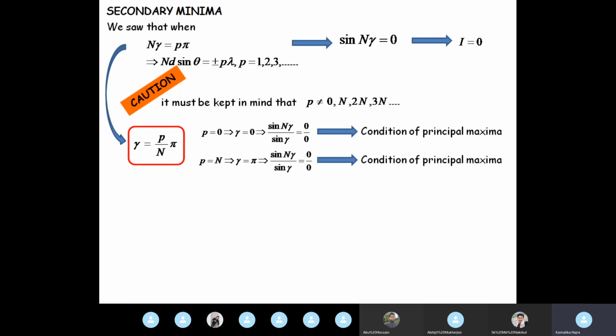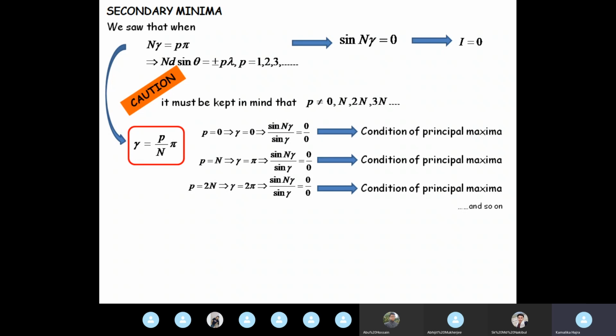And in this manner, if p equals twice N, gamma equals 2 pi, again sine N gamma by sine gamma gives sine N 2N pi by sine 2 pi, again 0 by 0, condition of principal maxima. So you can see clearly that when p is an integral multiple of capital N, the number of slits present in the system, it gives us the condition of principal maxima instead of giving us the condition of minima.